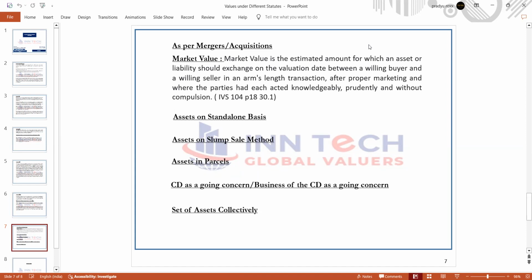So we, as a registered valuer under CIRP or under liquidation, have to see how we maximize the valuation. So these are the other five areas under which the resolution professional also expects the registered valuer to give a valuation for the company's purpose.